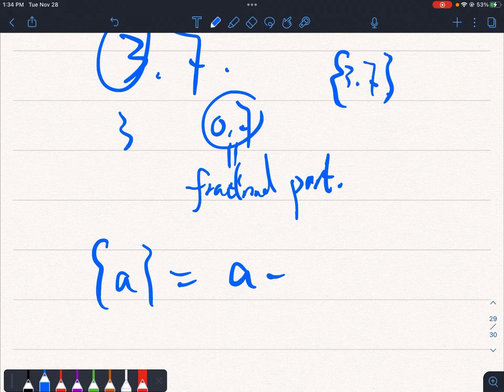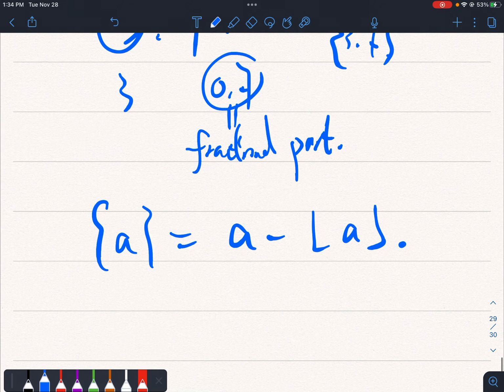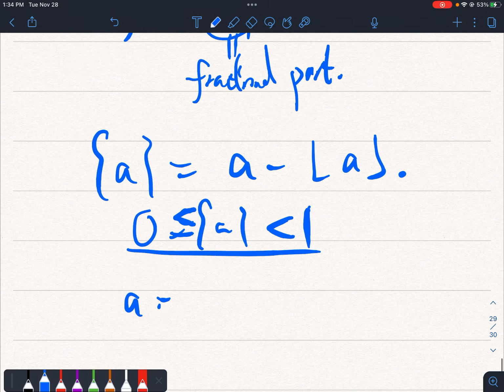So you define the curly bracket of a as a minus the floor of a, or a minus the integral part of a. Then this must be between 0 and 1: it is bigger than or equal to 0 and strictly less than 1.